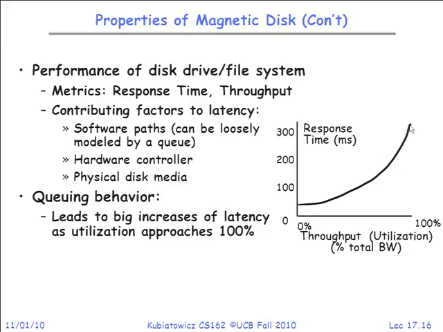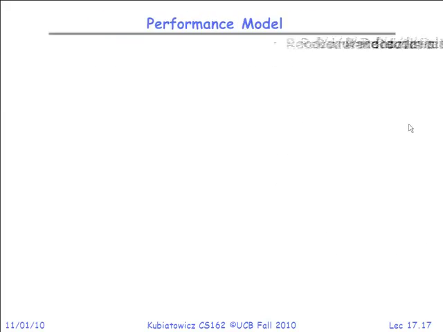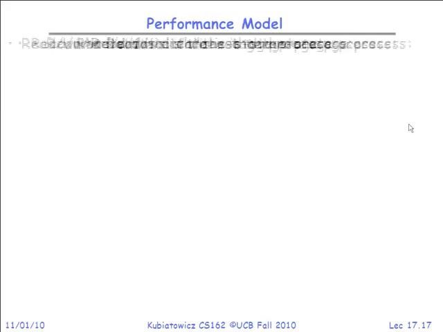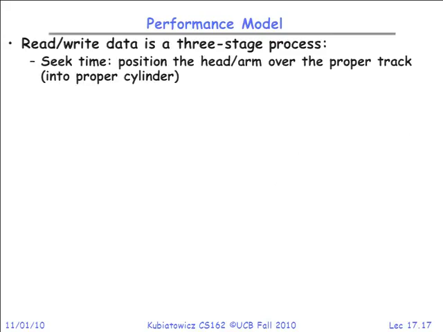Okay? So our performance model for our disk has to accept the fact that reading and writing data from the disk is a 3-stage process. This is the physical disk. First, we've got to seek. And the seek time is bringing the head into the right cylinder. Then there's a rotational latency.